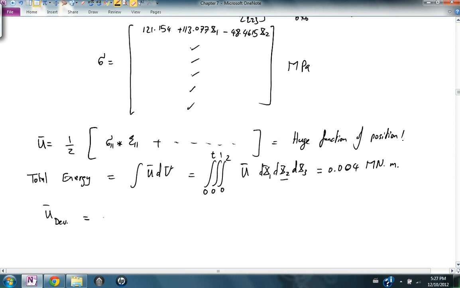The deviatoric strain energy will be equal to 1 over 12 G times the von Mises stress squared, which will be a function of x1 and x2.